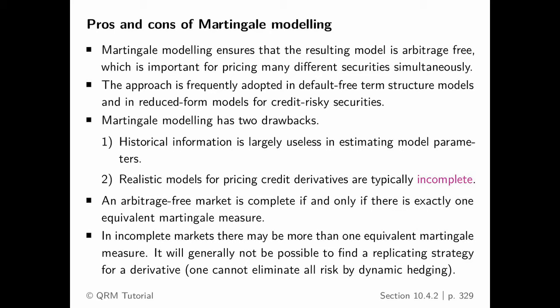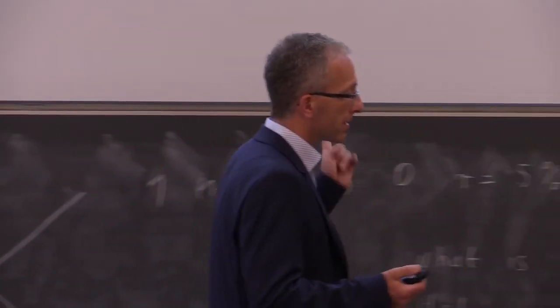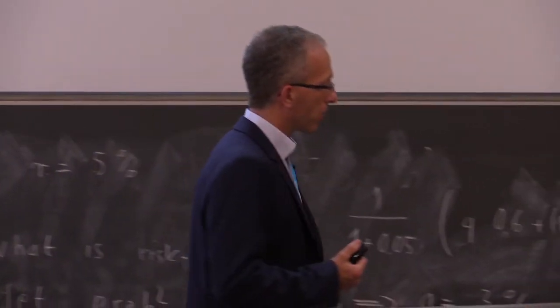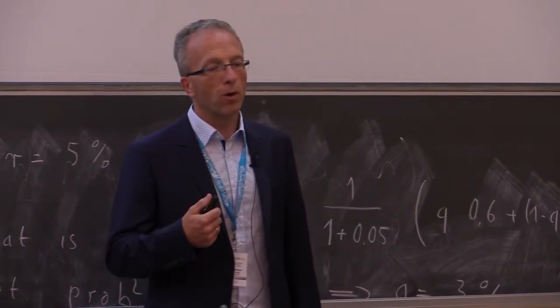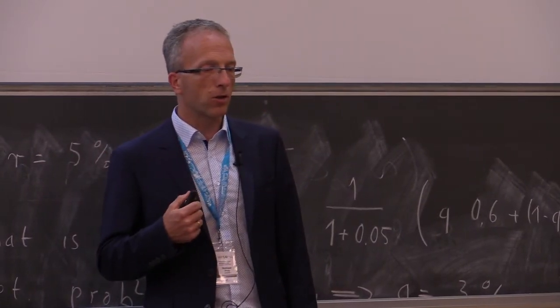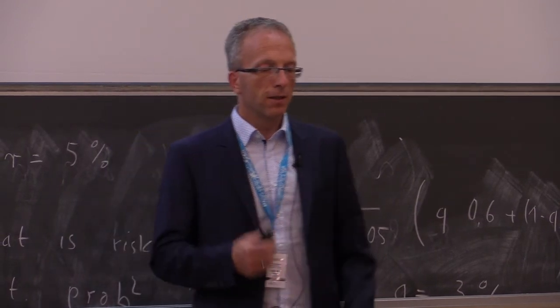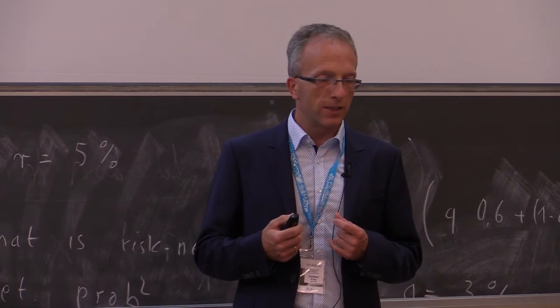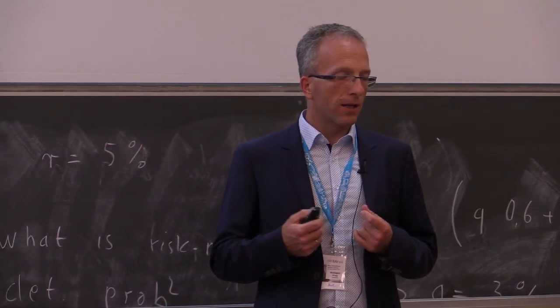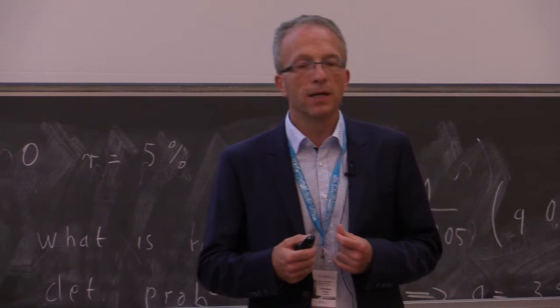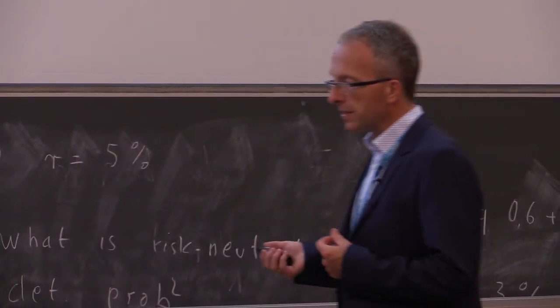Pros and cons of martingale modeling, very briefly, only in the interest of time. The pros I already mentioned. It can be convenient. You get by definition models which are arbitrage-free. The cons, this calibration can be very complicated, and from a more methodological point of view, if you have only relatively little price information, only very few securities that are traded that are somehow related to the things you want to price, then this market completeness issue plays a role.